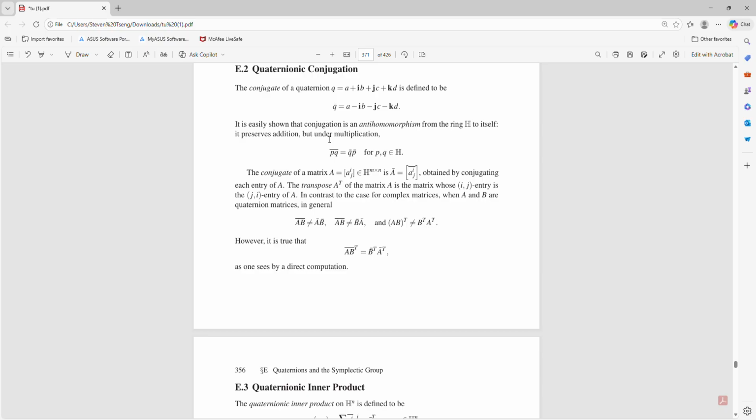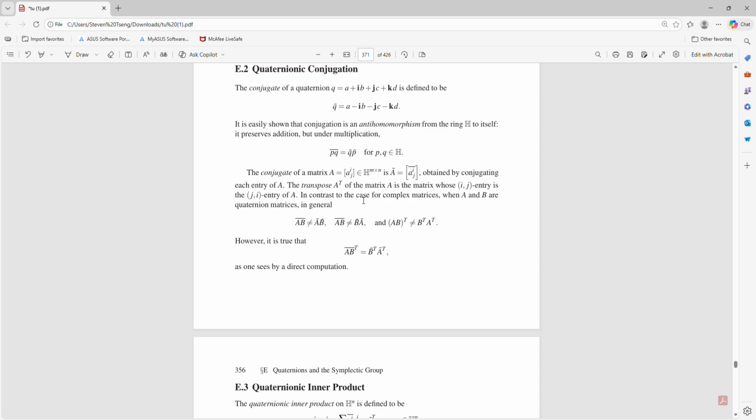By simple computation, we get that for any two quaternions, the conjugation of their product is equal to the conjugation of one multiplied by the conjugation of the other, and the order of the two conjugations changes.